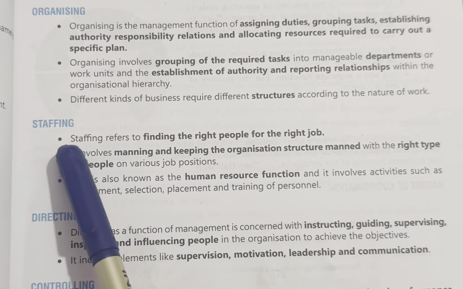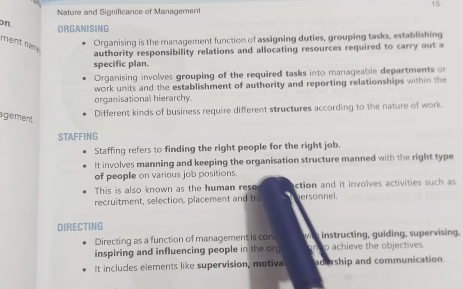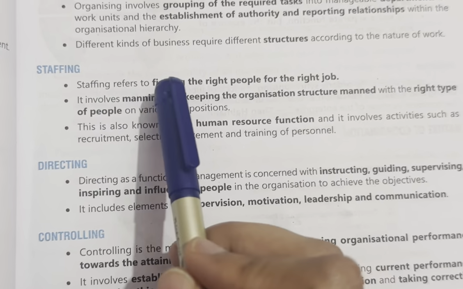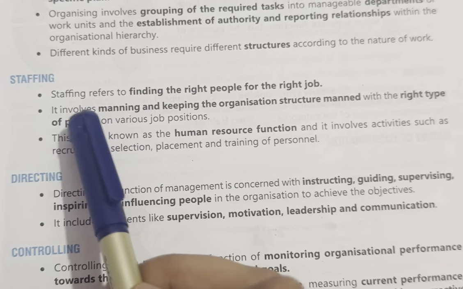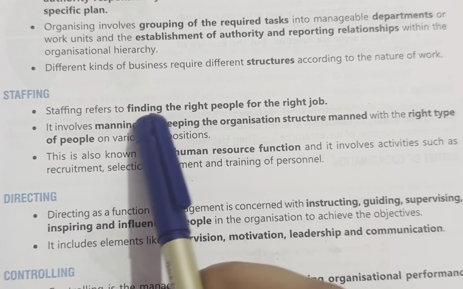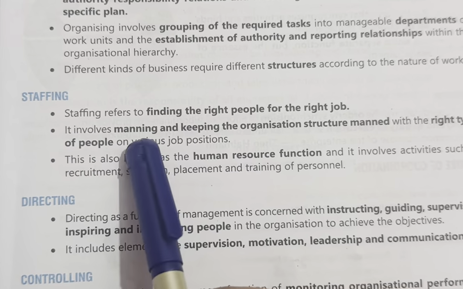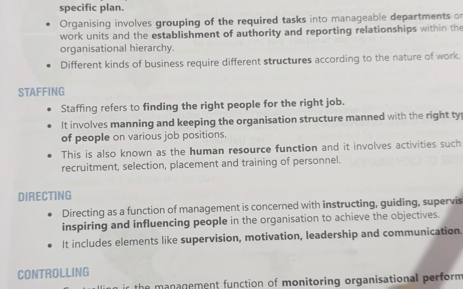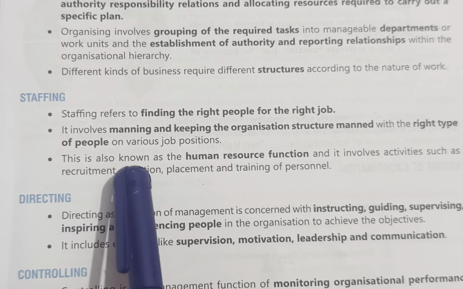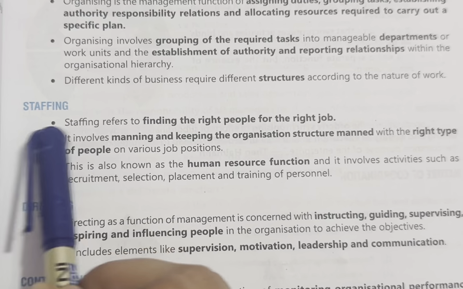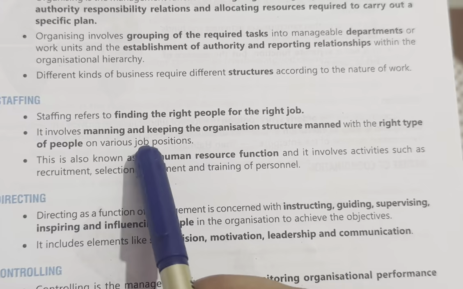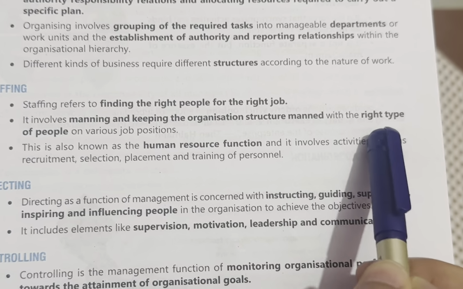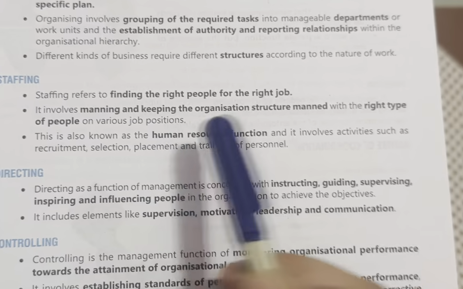Next is staffing. Staffing here refers to finding the right people for the right job. It means recruitment of the staff. So staffing refers to finding the right people. Means if any vacant position is there in the organization, to find the right person for that position is called staffing. It involves maintaining and keeping the organization structure maintained with the right type of people on various job positions.